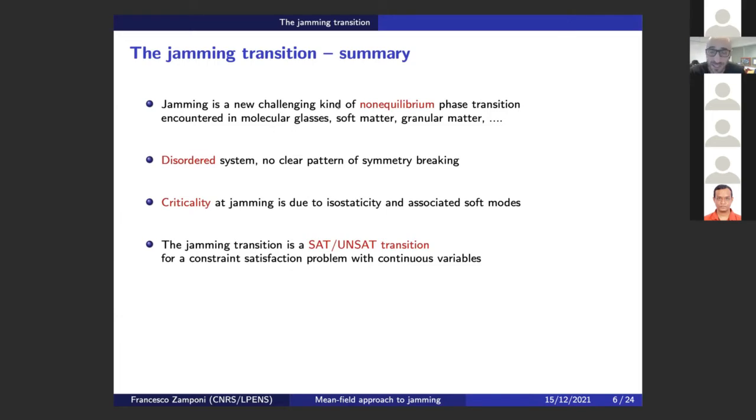It's challenging because in principle it's an out of equilibrium phase transition, so you have to use tools that are a bit more complicated than those that you use in equilibrium. It's a disordered system, so it's kind of a glass, as she described. It's not clear whether there is any symmetry breaking at the transition.